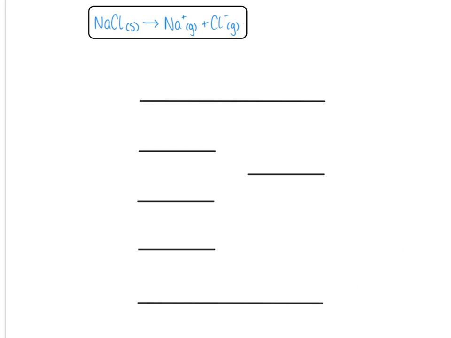Okay, so where we start on the Born-Haber cycle is at the bottom by writing the formula of our ionic lattice. So we can see from our equation above that our formula of our ionic lattice is sodium chloride, NaCl, solid. So that will always be the ionic lattice.